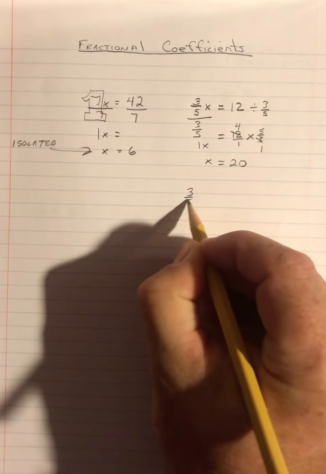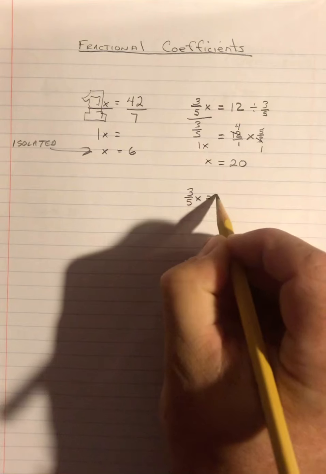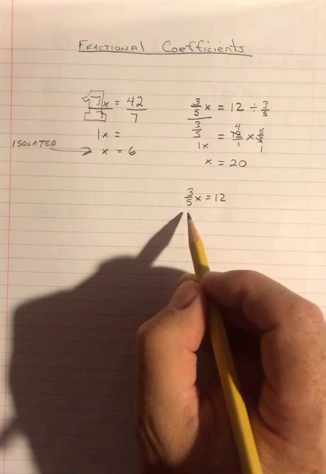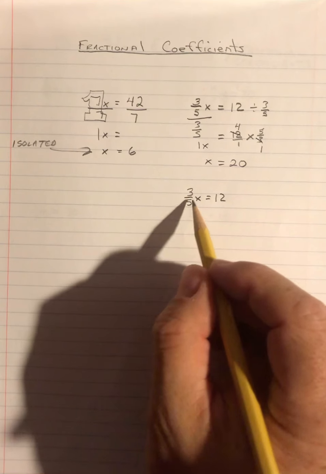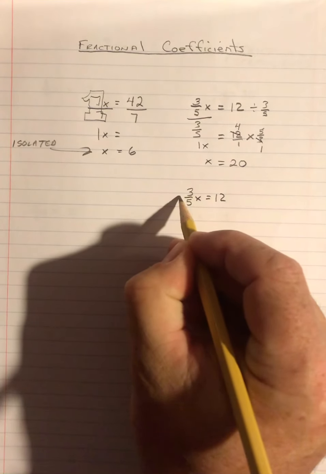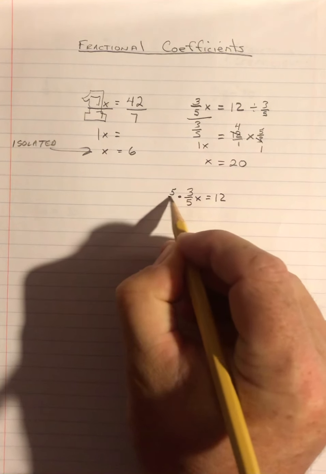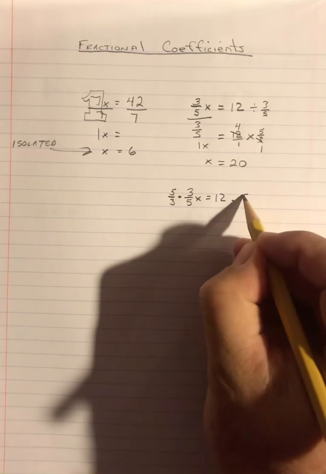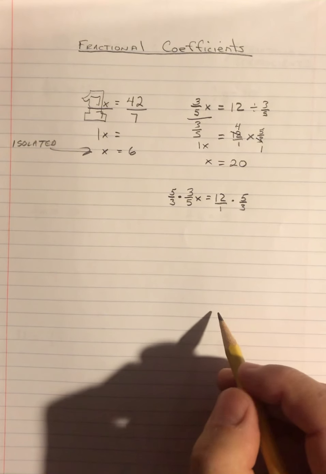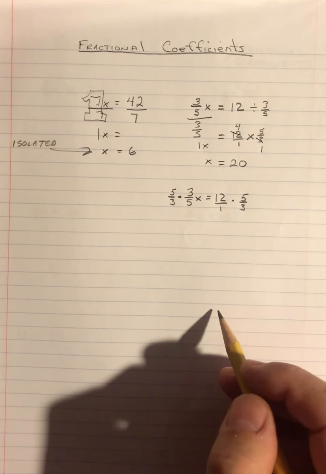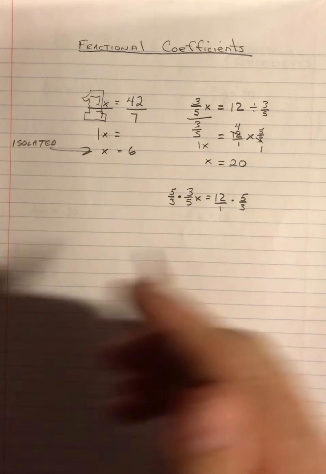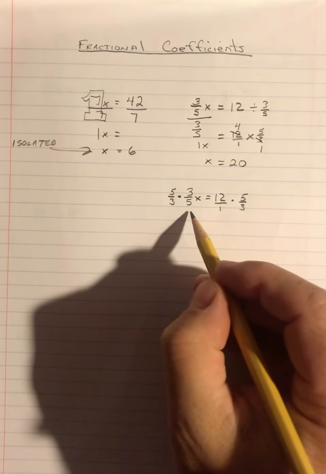All right, so 3/5 x equals 12. And when I have a fractional coefficient, I can just multiply by the reciprocal immediately. I don't have to do all the division or write down the division. I'm immediately going to multiply both sides by 5/3. And the reason I'm doing that is because I know that reciprocals multiply to have a product of 1.